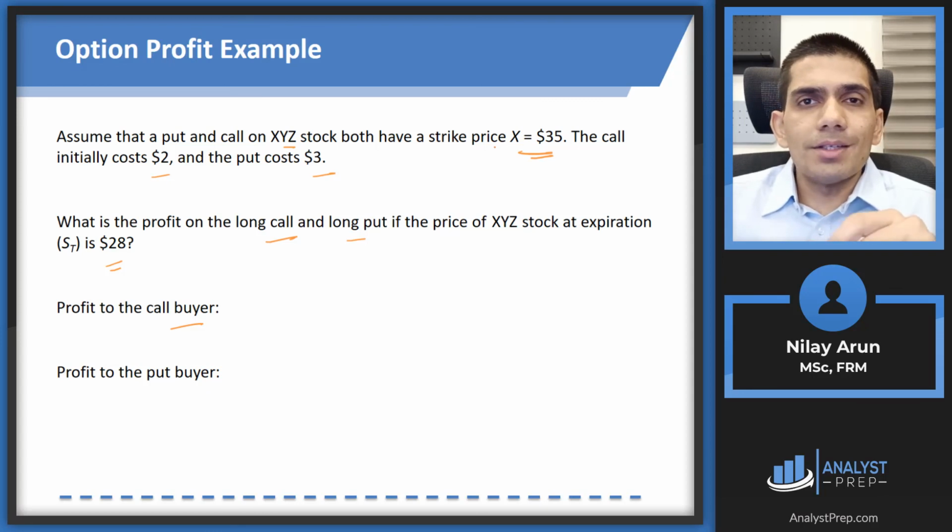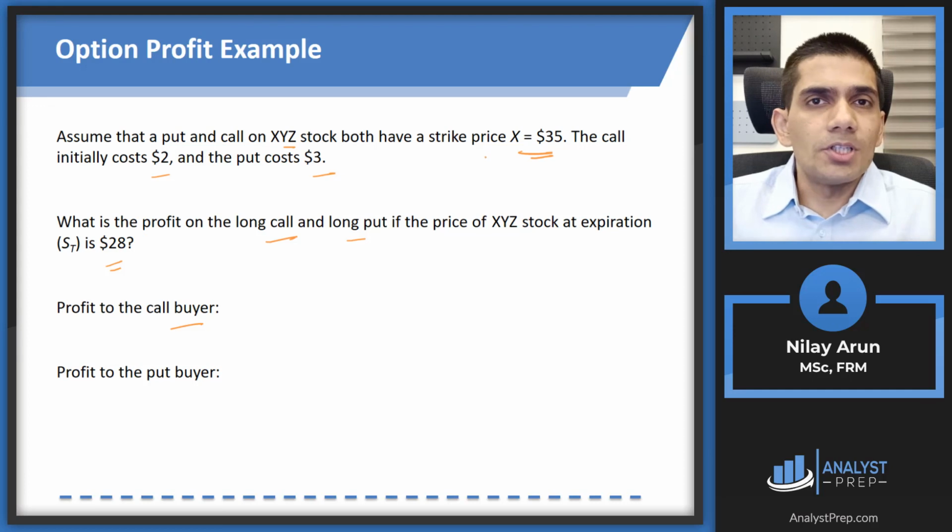Now, strike price is 35. The stock price at expiration is 28. Does it make sense to go ahead and use this option? If I were to use this option, then I would end up paying 35, whereas in the market it's trading at 28. I'd rather just go ahead and buy it at 28.